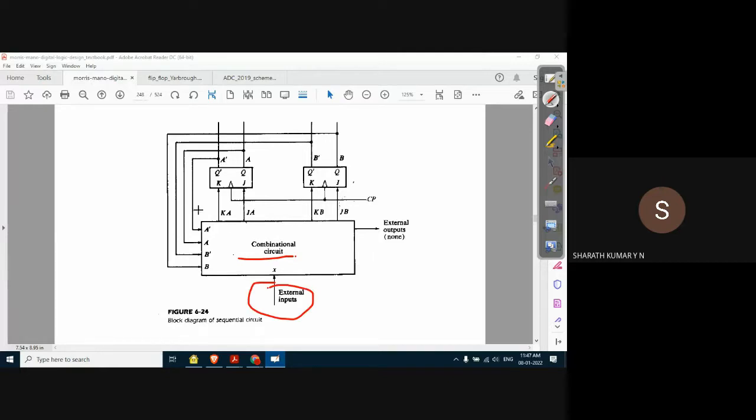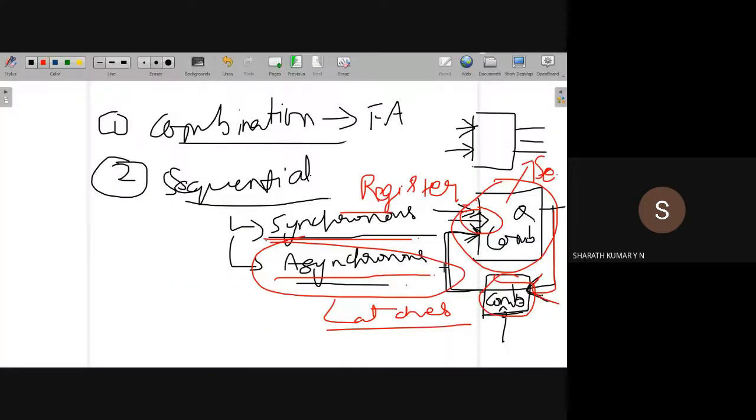That means along with the feedback, it also has an external input. This network can provide its own output. Along with the feedback, it can have input, as well as provide the output.